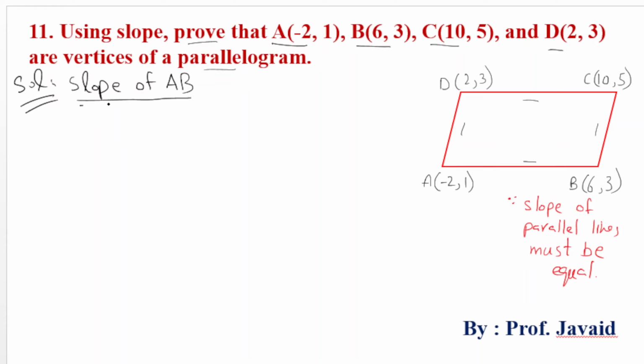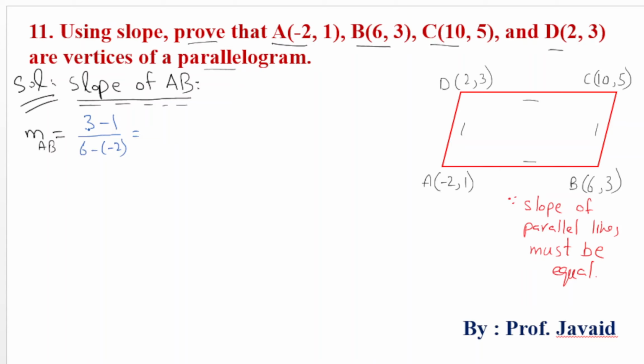So this is AB. Then slope of AB is (y2 minus y1) over (x2 minus x1), which is 3 minus 1 over 6 minus (-2). It's already negative, so you should put it in brackets.